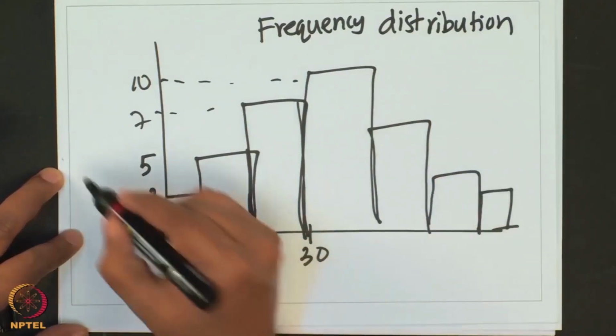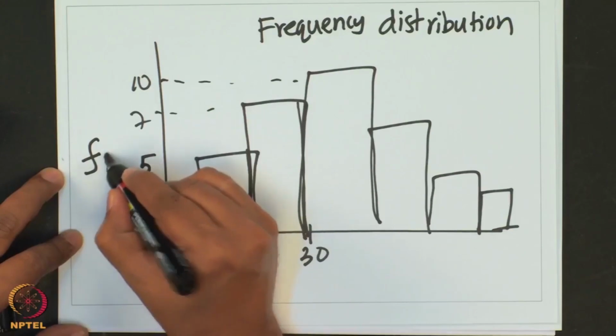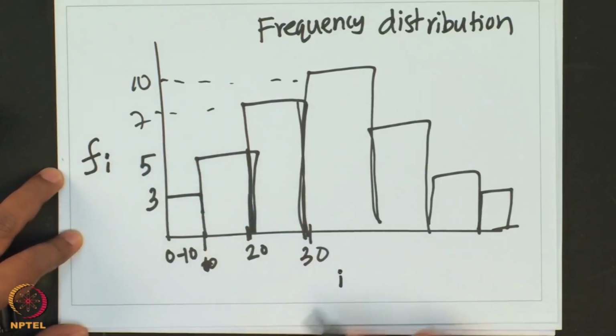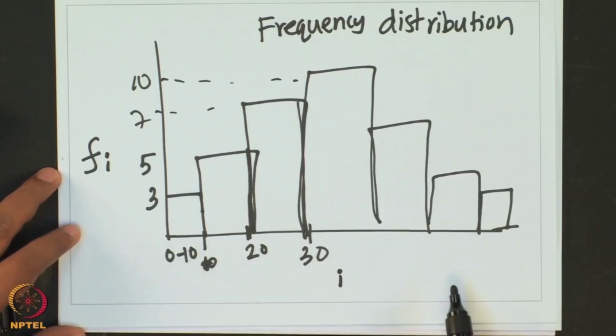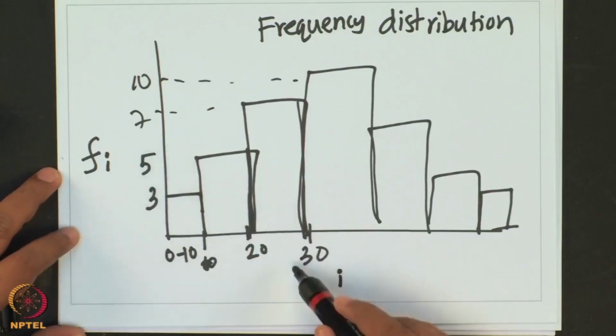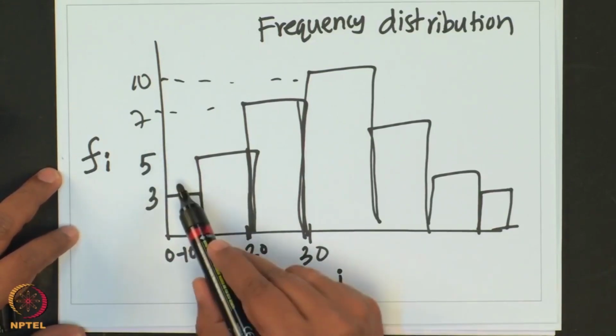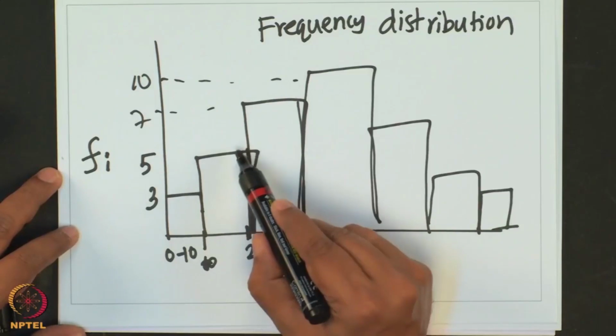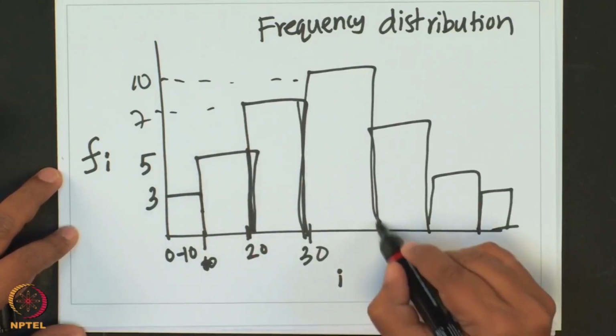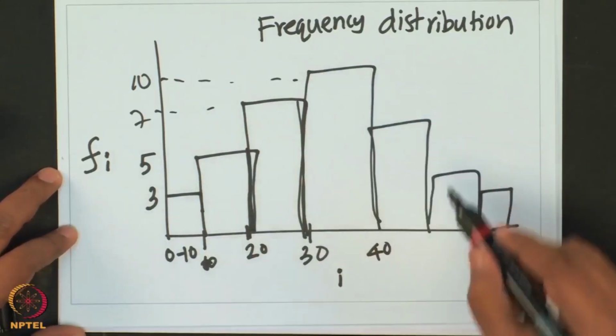So I am going to plot here Fi versus i. So i is the range 1, 2, 3, and this is your frequency for that particular range. So 0 to 10, 3 times; 10 to 20, 5 times; 30 to 40, like 10 times, and so on and so forth.